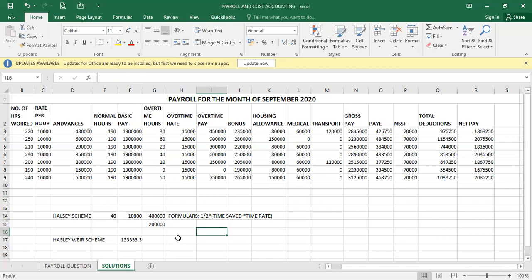Then for this one it is 1/3 times, and you can open bracket, the time saved, times the time rate.